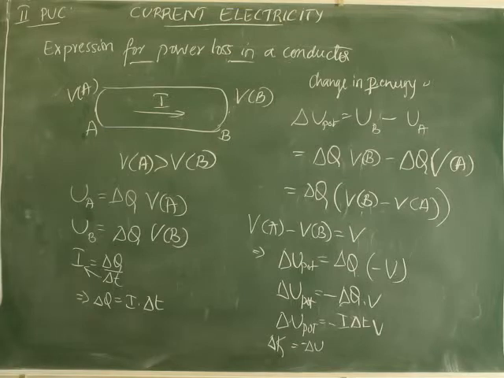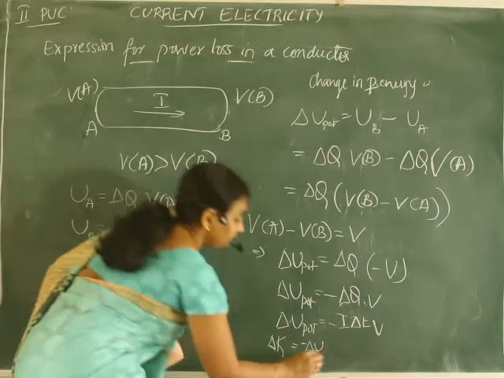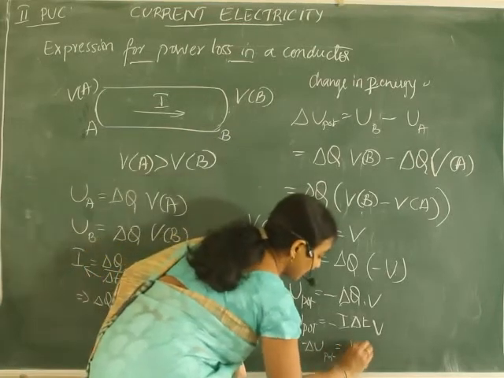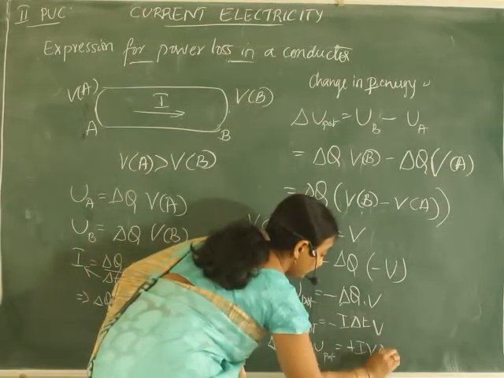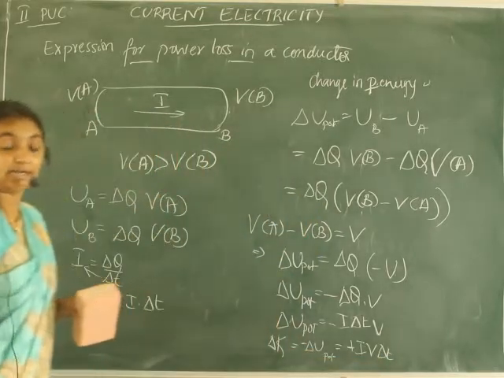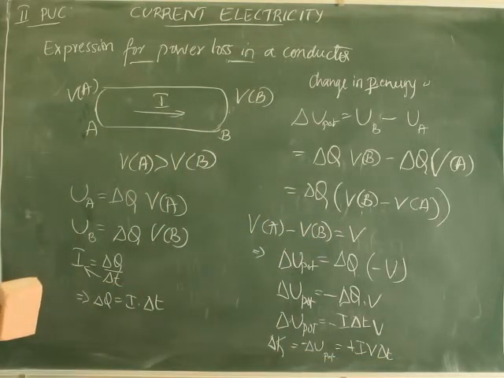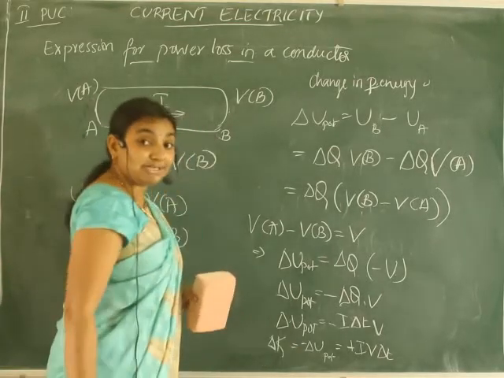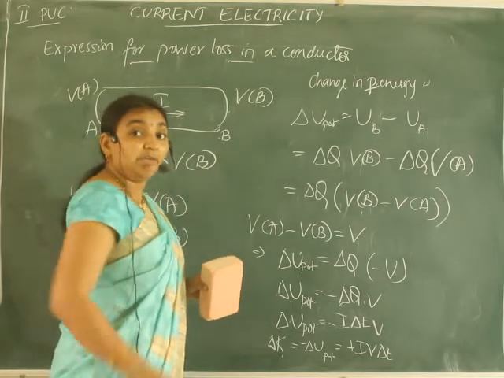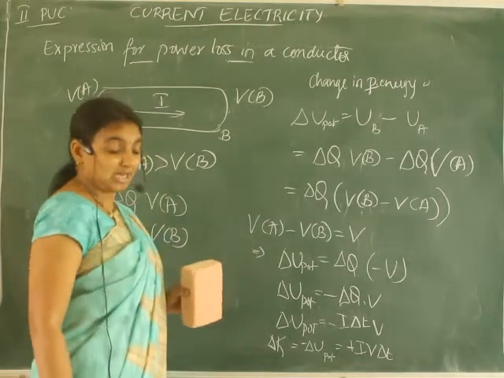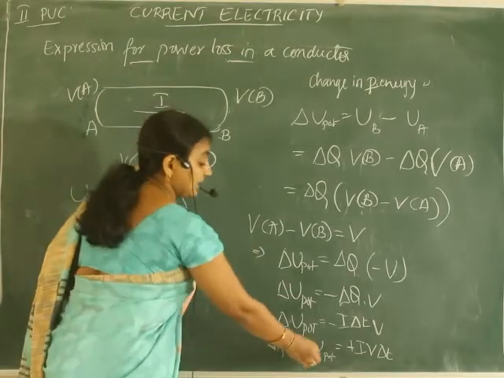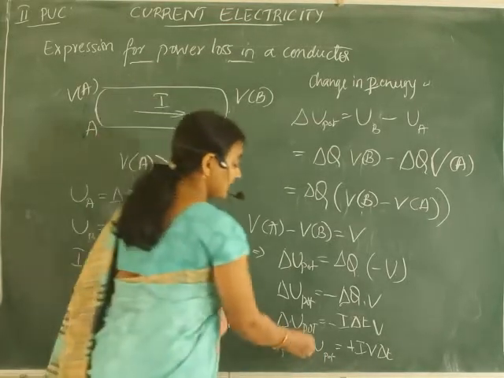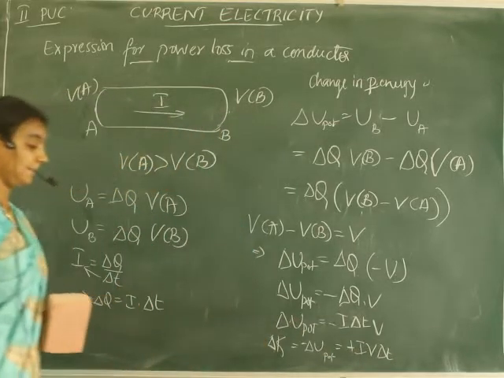Minus. So therefore, if it is so, then it becomes plus I V delta T. Why I V delta T? Because according to conservation of energy, if there is no collision between the charges, then kinetic energy is equal to potential energy, but with a minus sign. When it becomes minus of, this becomes plus.